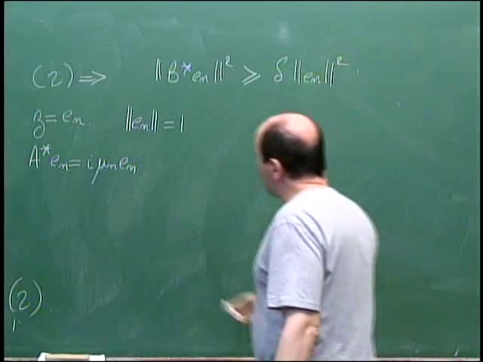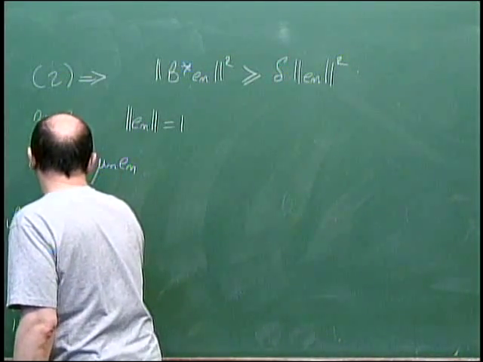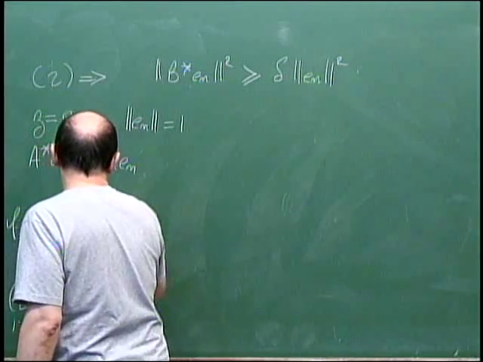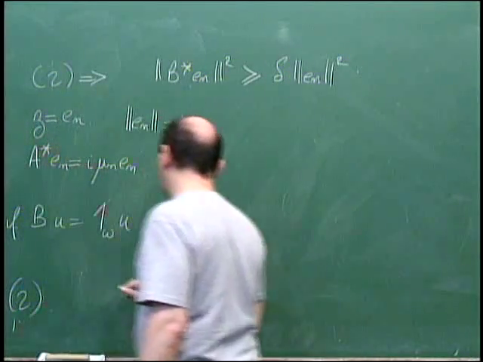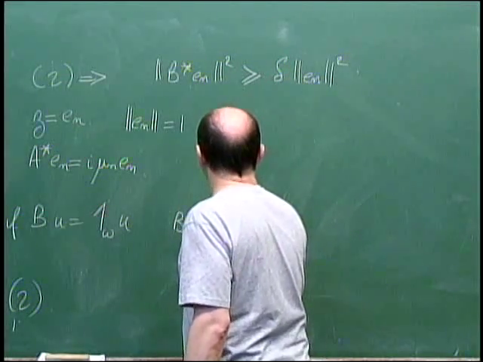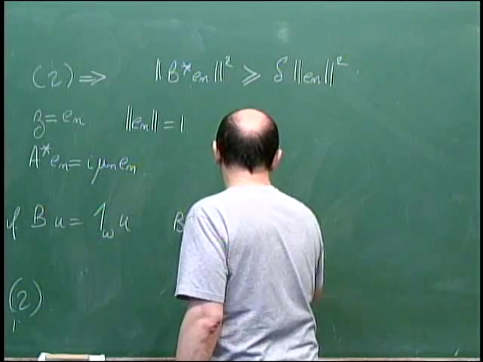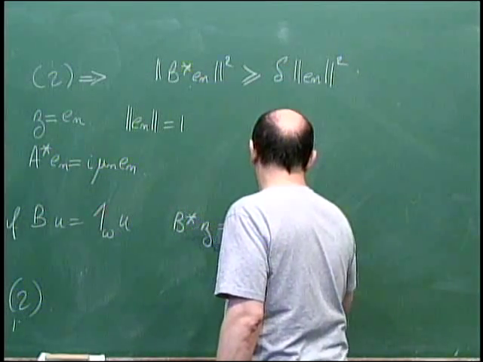For instance, I remind you that if B of u is just u times the characteristic function of omega, then B* applied to z is just z restricted to omega.